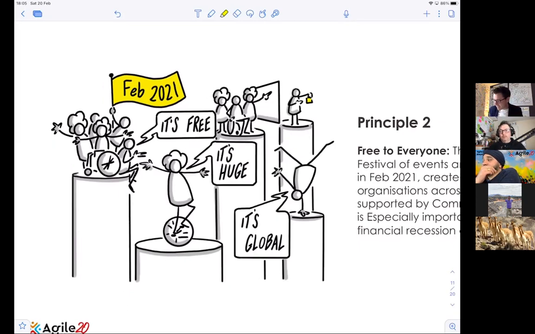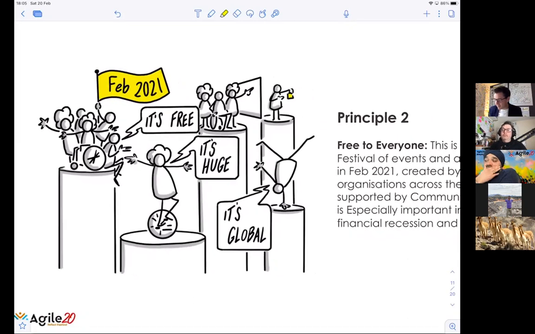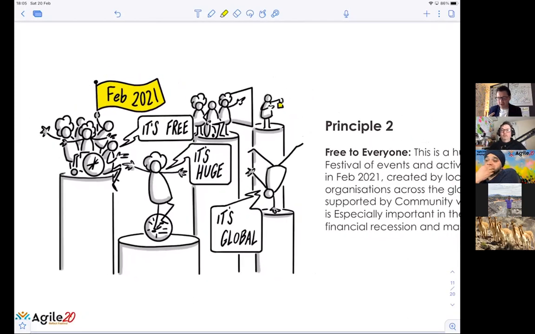I think there were a lot of other people that looked at these pictures, and there was great fast feedback, making sure we can be clear that it's free, and it is free for people, and that's where I think the ambassador element comes in, of how we can ensure that everyone can access the festival and make use of it. So that was the idea behind it for me.